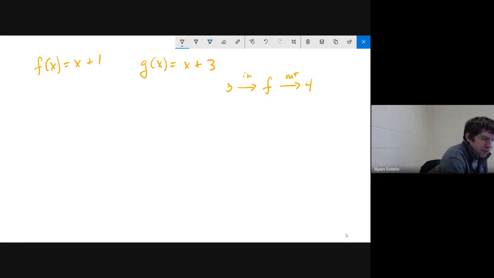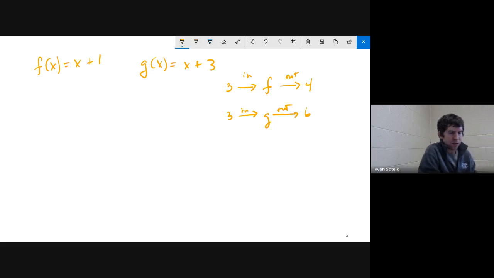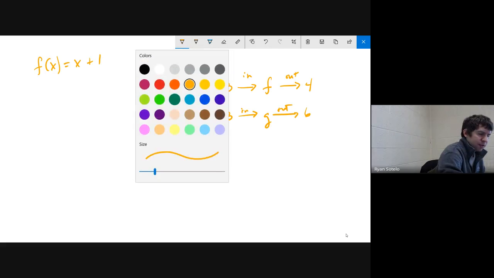Whereas g, if I input 3, it will output 3 plus 3, which is 6. Functions are a mapping of inputs to outputs. They're one-to-one, and these two functions are different mappings. If I put a 3 into each of them, they each give me a slightly different output. So they're different functions.